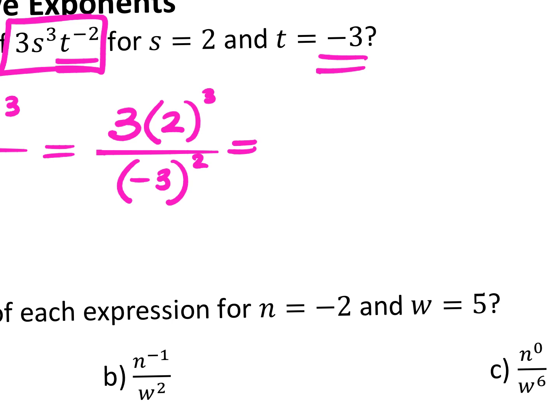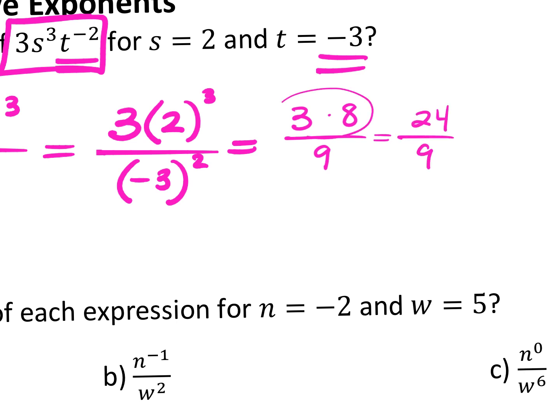If you just plug in 3 times 2 to the third power, your calculator will do it right on that. But if you don't love that, plug it in piece at a time. 2 cubed is 8, so 3 times 8. Negative 3 squared is what? A positive 9, okay? So if you plug that in, 3 times 8 is 24 over 9.